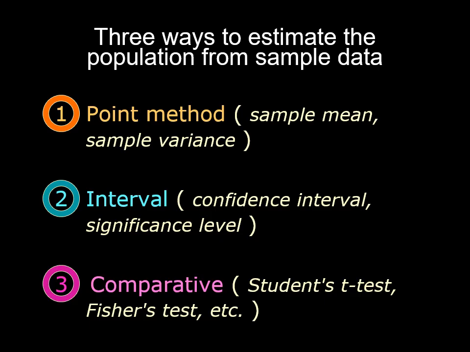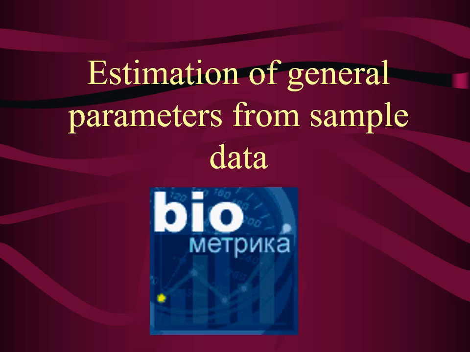The second is the interval method of estimation, in which, in addition to the average, the confidence interval in which the sample average will fall is calculated. The third is the comparative method, by which two sample populations obtained from one general population are compared and then evaluated using various criteria, for example, the Student criterion, the Fisher criterion, and so on.